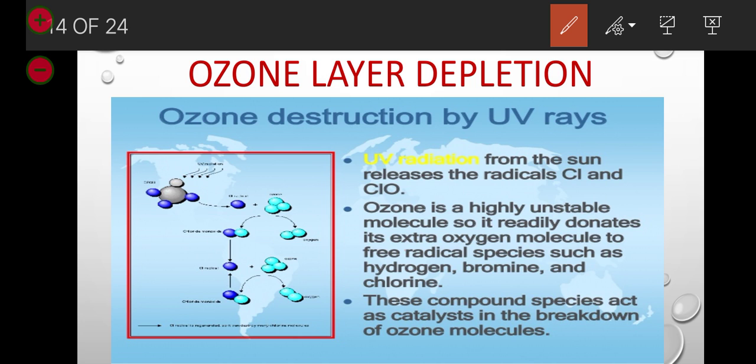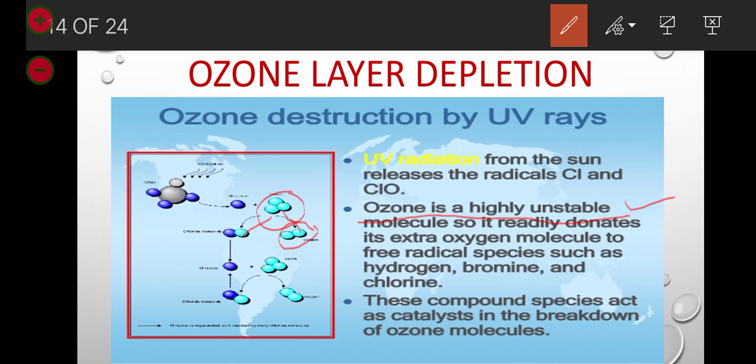Ozone is highly unstable, so they will not be in the O3 condition always. They will keep on splitting up, unstable molecules. It readily donates the extra oxygen. When ozone splits up, one oxygen is given off and two oxygens remain as an oxygen molecule. That is stable.